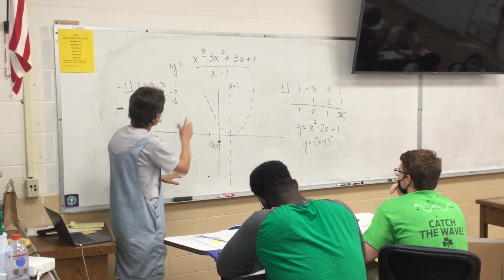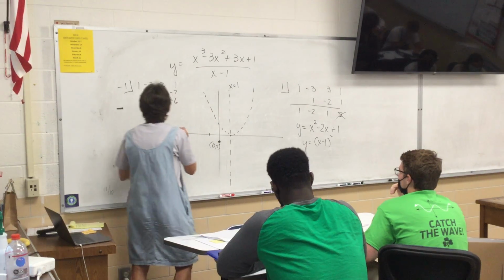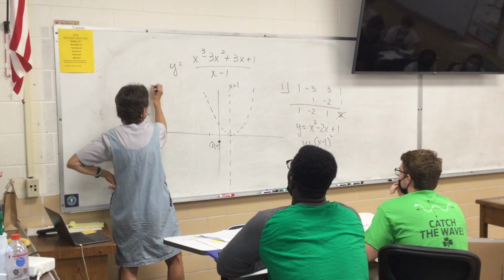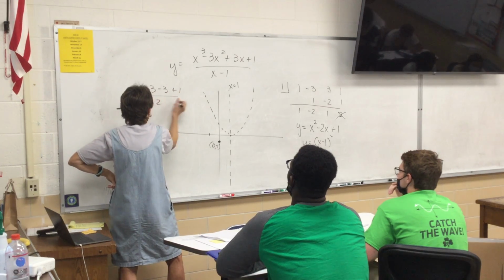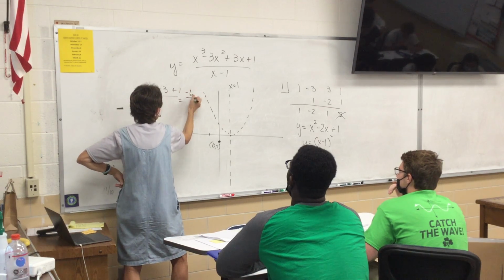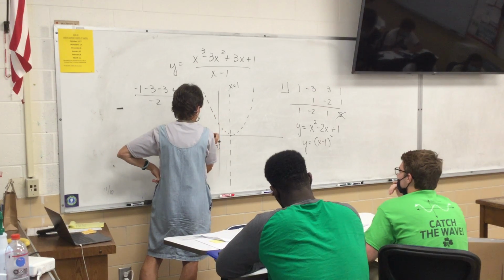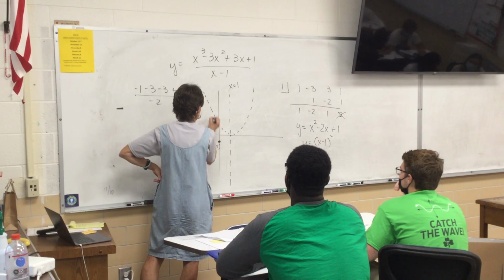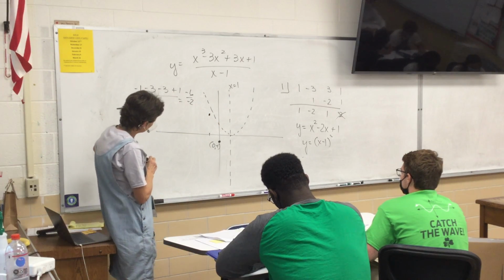Oh, wait, no, that's not right. I forgot the whole problem. So -1 gives me -6 over -2, which gives me 3. So -1 gives me 3. And that parabola at -1 gives me 4. Okay. All right.